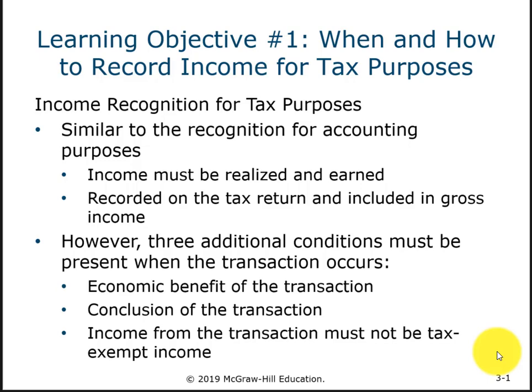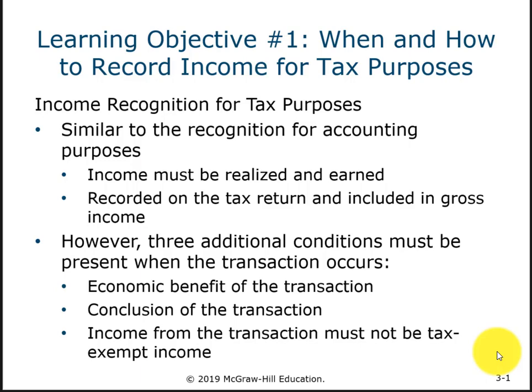So technically it would not be recognized and included in gross income. If it's not in gross income, then obviously it can't be part of our taxable income, as we learned in our tax equation.